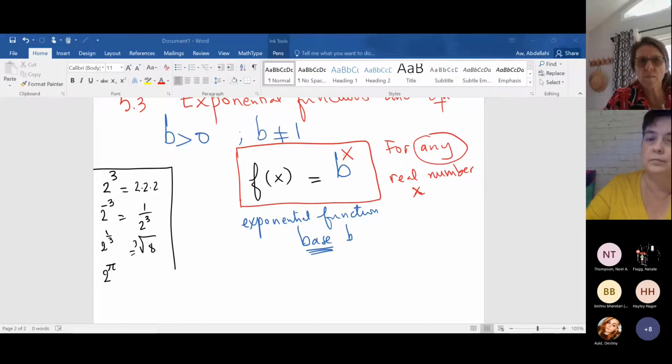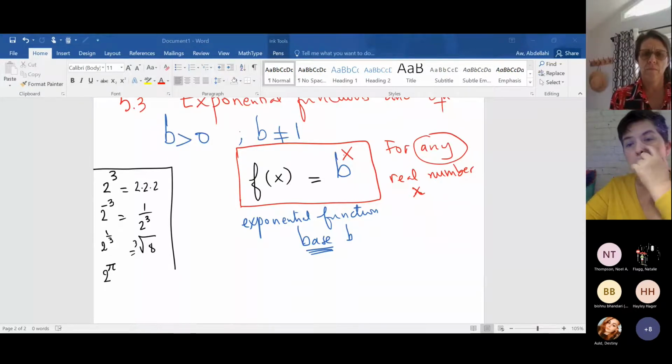Numbers like pi are irrational numbers, right? They are so complicated, you will never be able to write them as fractions, okay? Now, if you allow the exponent to be that complicated, and your base is negative, it's going to be a mess, okay?